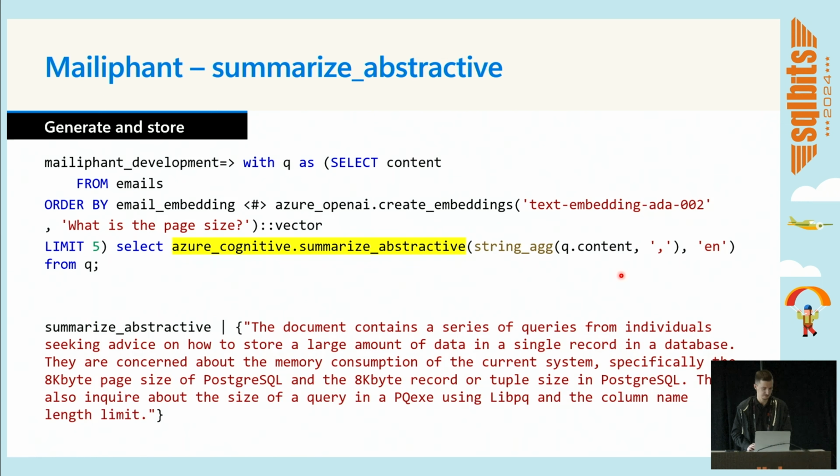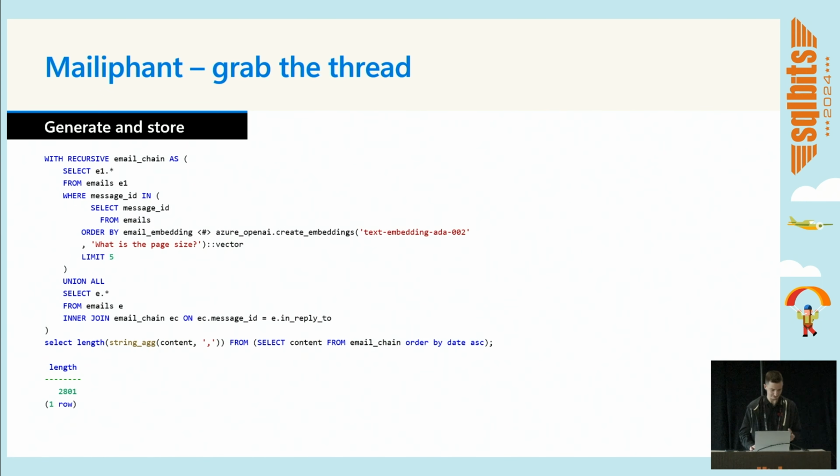So we asked it to summarize it for us, and it said the document contains a series of questions from individuals seeking advice on how to store large amounts of data, and specifically the 8 kilobyte page size of PostgreSQL and the 8 kilobyte record size, or tuple size, in PostgreSQL. So we know that it found something that talked about the thing that they asked about. That's still not an answer, and we don't know if it will be able to tell me what I need to know, but that's a start.